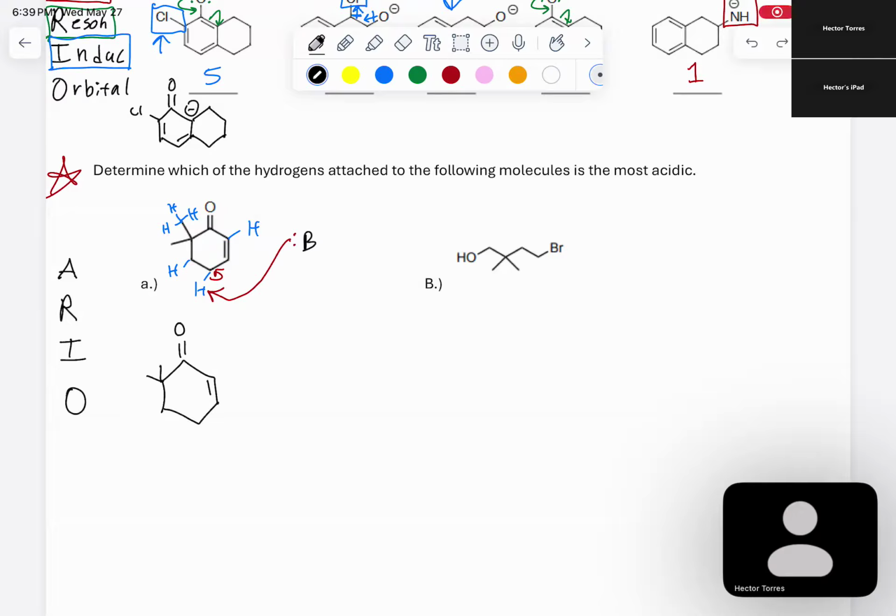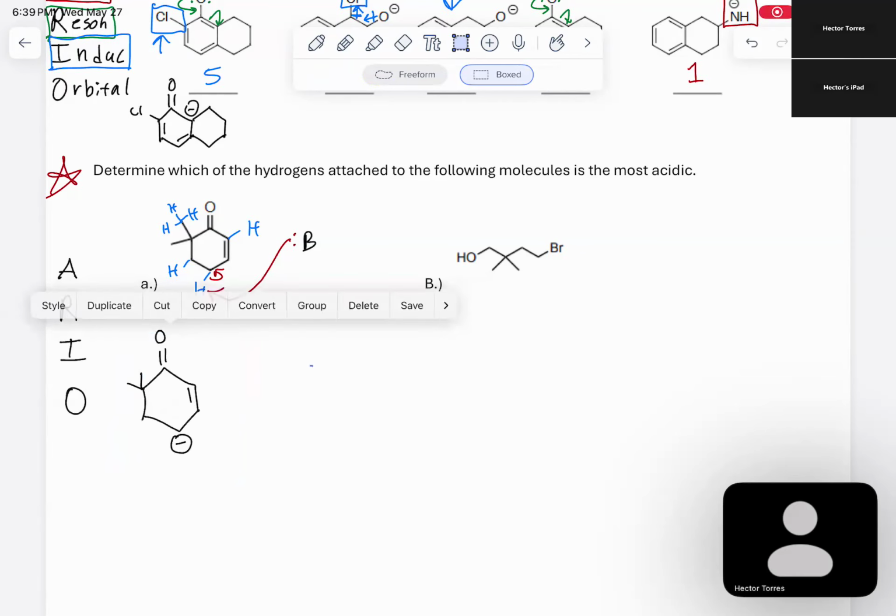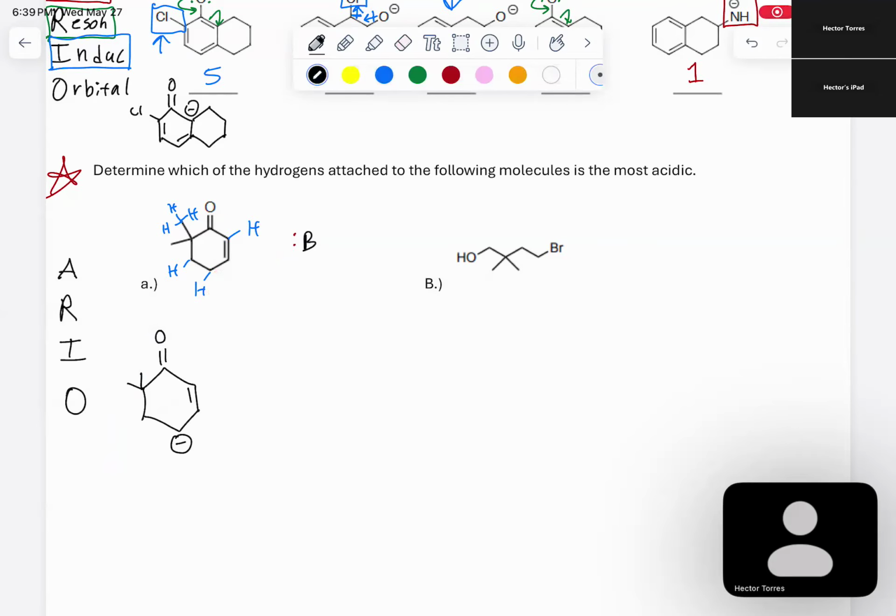Oops, there's no carbon there. Okay, and then now I have negative charge here. So that's how I'm going to draw my conjugate base. Now I'm going to draw a couple different options just so that I can see where my negative charge can go, depending on which hydrogen I pull. So now let's see, what if I pull this one? I'm going to put the electrons right here. Now I have this negative charge here, I have this double bond O. Okay, next option.